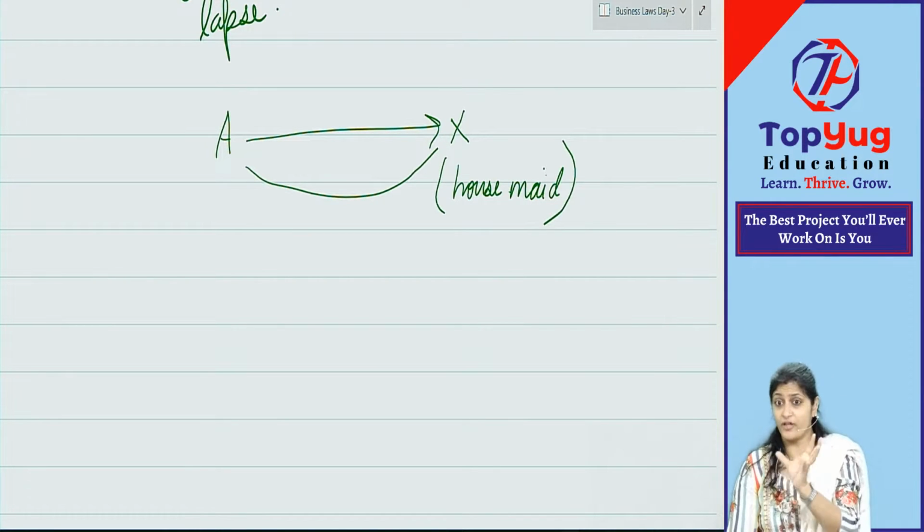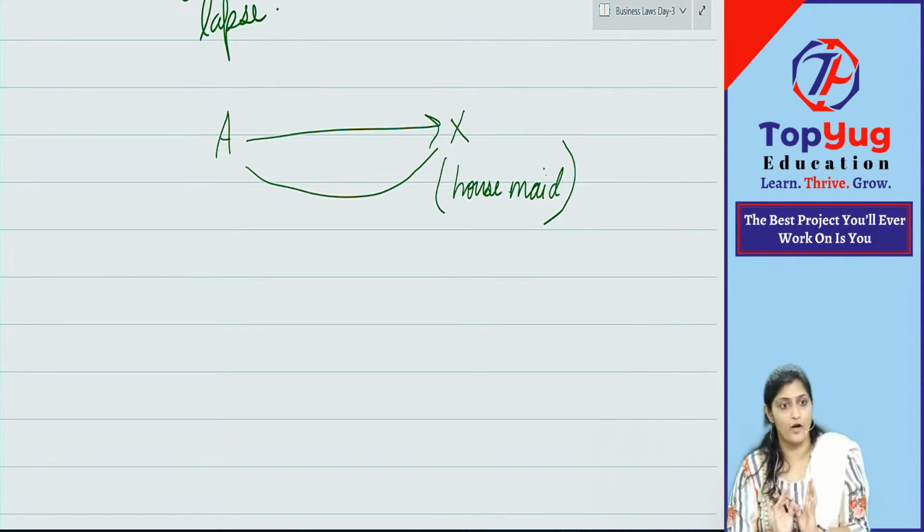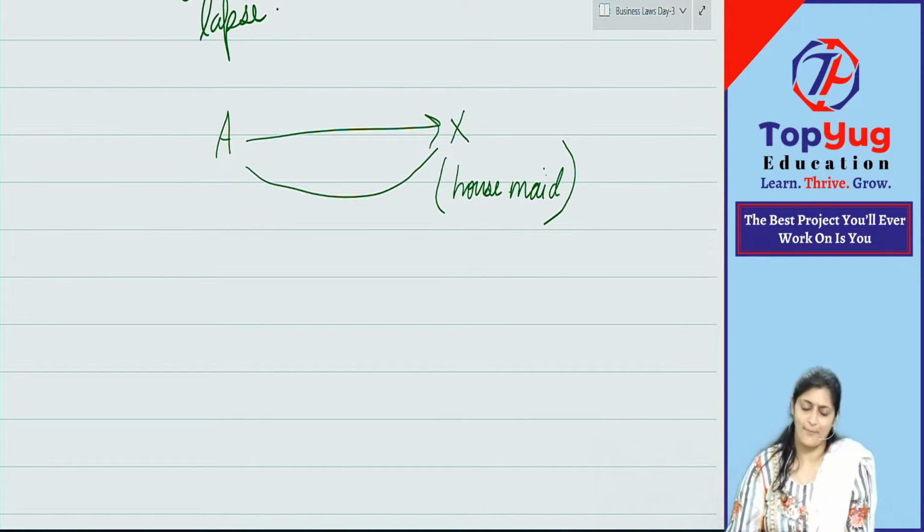Whenever you make an offer, there should not be any confusion as per law. When you want any offer to make a contract which is enforceable by law, then that offer should be clear in each and every term. There should be no ambiguity.